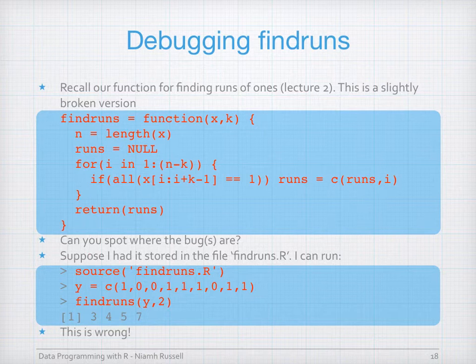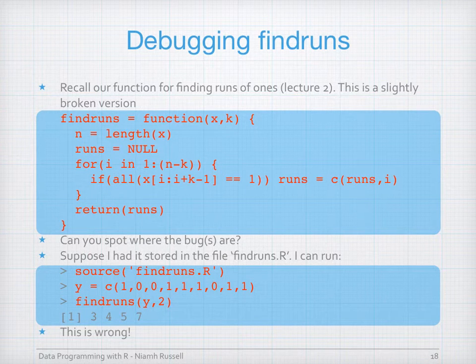If we look at y here, we can see that there's a run of ones at the 4th position. There's another run of ones of length 2 in the 5th position, and there isn't another one then until the 8th position. So there's a run of length 2 of ones in positions 4, 5 and 8.